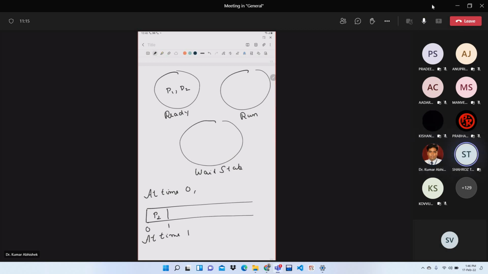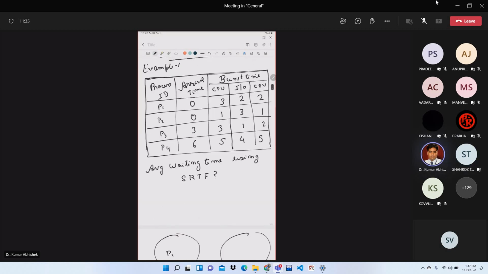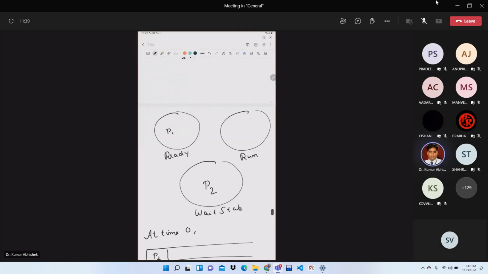P2 is in run state from 0 to 1. At time 1, P2 comes to wait state, because it has some IO operation, so it will be moving to the wait state.